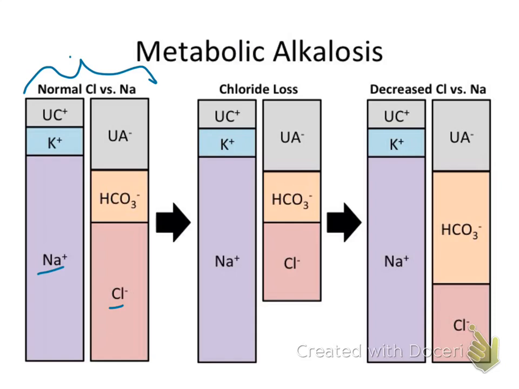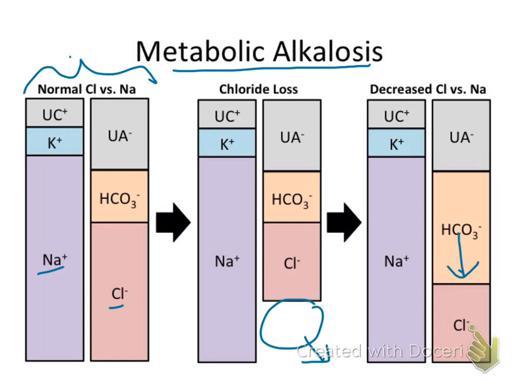With a metabolic alkalosis, chloride is lost from the body with little or no concurrent sodium loss. However, the body likes to maintain electroneutrality, so it increases concentration of bicarbonate to make up for the anion deficit. This is called a metabolic alkalosis.